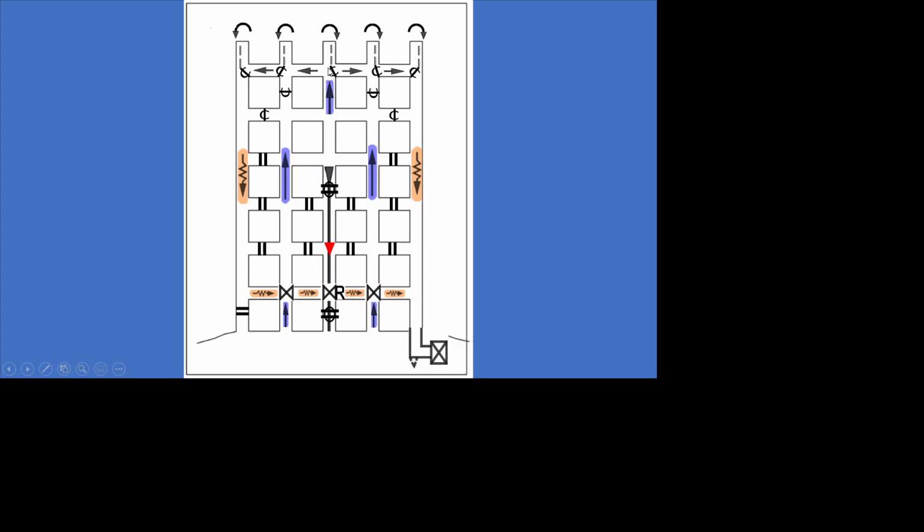If you can see my mouse pointer, the air is going to split here. Part of it's going to go to the left, part of it's going to go to the right. Well, what controls that is the amount of resistance that the air would encounter as it leaves the mine. And it's going to try to pick the easiest way out. So to make it do what I want, I need regulators. So I'm going to put a regulator in number 1, entry return, and number 5, entry return.